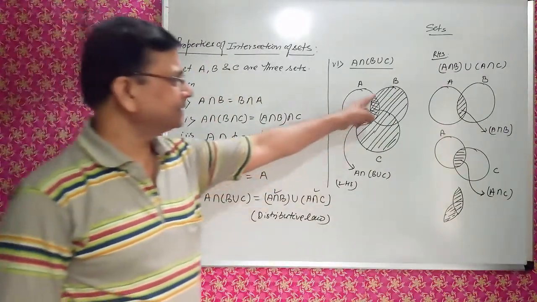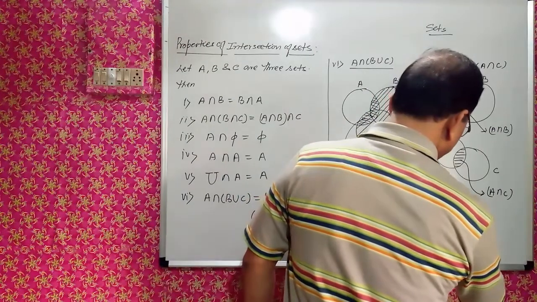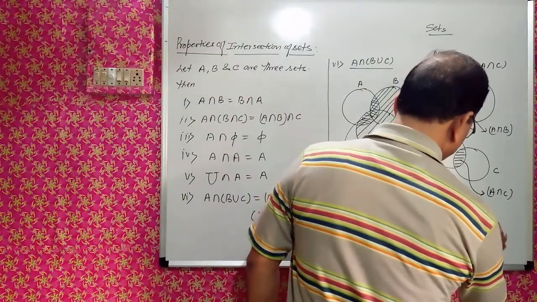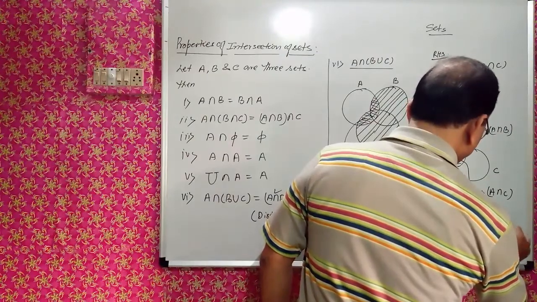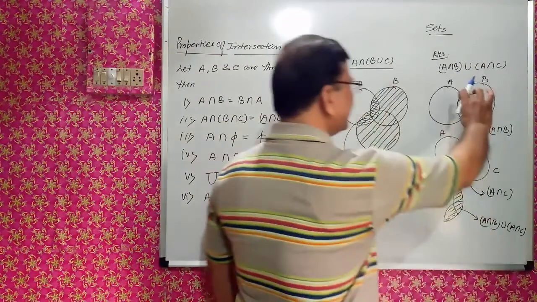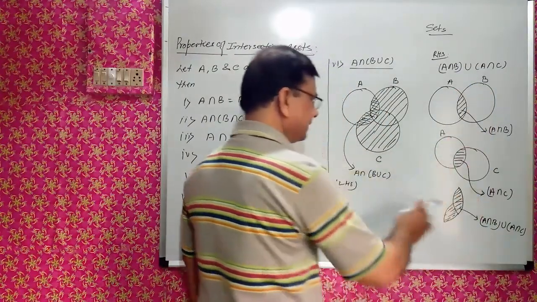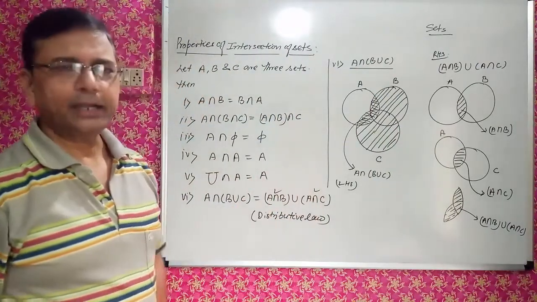This is same as this area. So this area is the A intersection B union A intersection C. I have taken union of these two, this figure. So this is the same as this. So these two are equal.